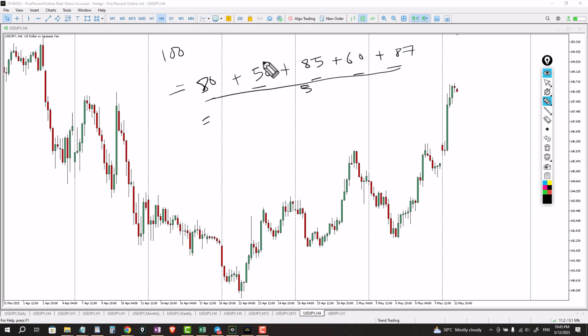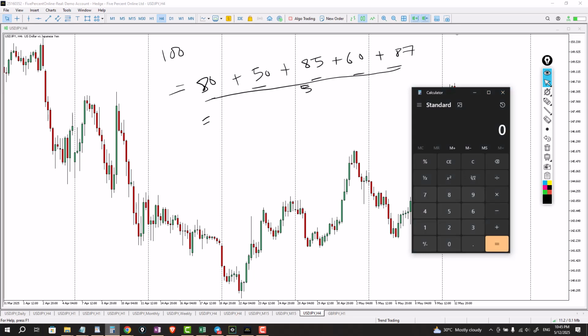So in this example, let me quickly bring out my calculator so that we can do it. Okay, so the first student scored 80, the second scored 50, the third scored 85, the fourth scored 60, and the fifth scored 87.